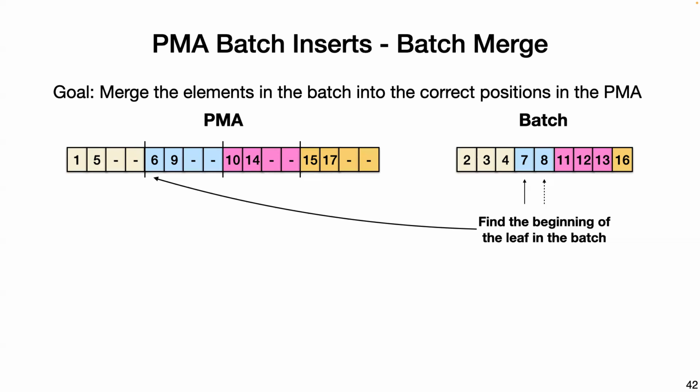But you want to find all the elements that are going from this batch into this leaf that you found. So that's why we have to scooch it a little bit possibly. And here in this case, we move it over to 7 because that is the first element from this batch that is going into this leaf. And you can find that by like exponential doubling. You can find that in log time if you know the start of this leaf. And so that is the lower bound for what you have to find here.